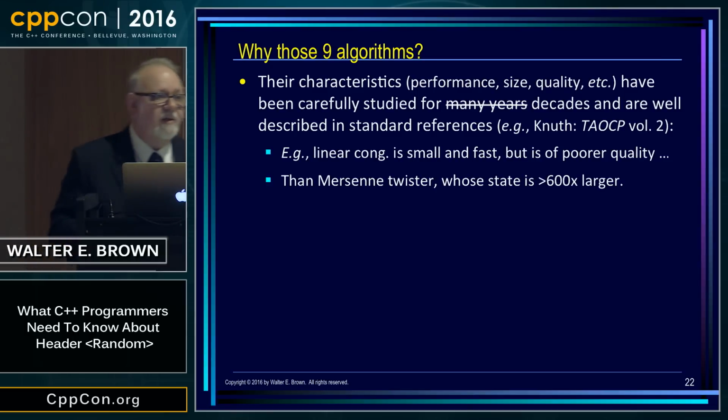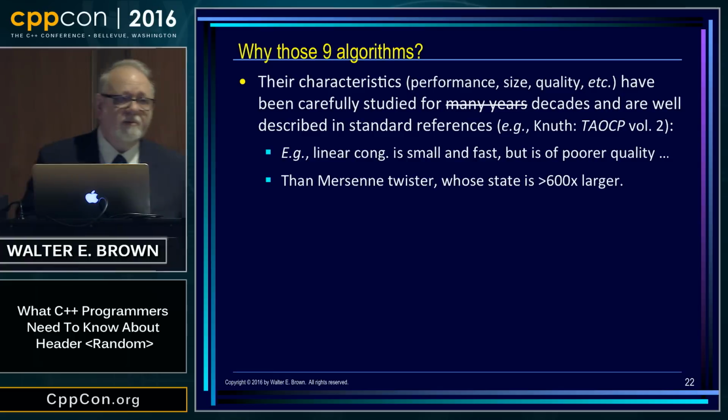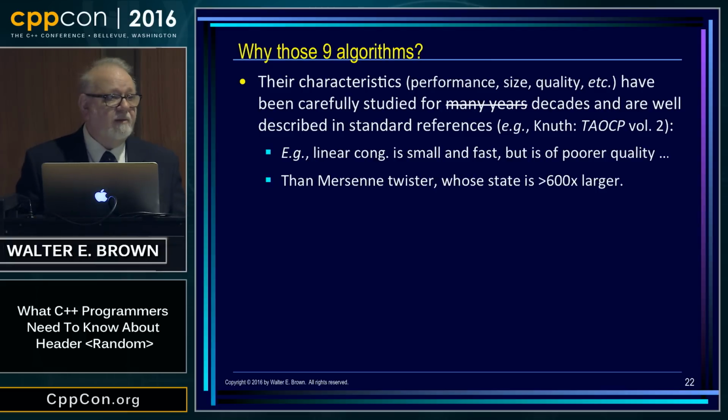On the other hand, if you want quality, Mersenne Twister is what you want. It comes in both 32 and 64-bit variations. But the price you pay is it's not nearly as fast, and perhaps in some applications, more importantly, it's 600 times bigger. Okay, it has a lot of state. That's how it gets the quality. So there are trade-offs to be made.